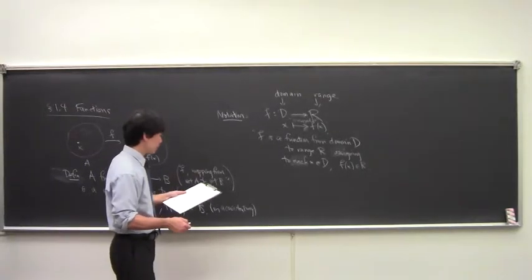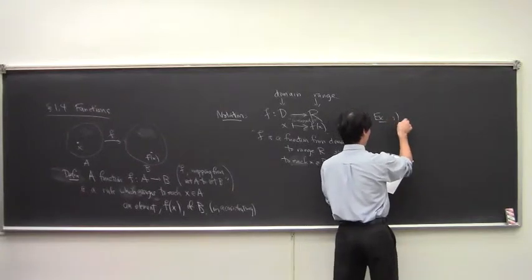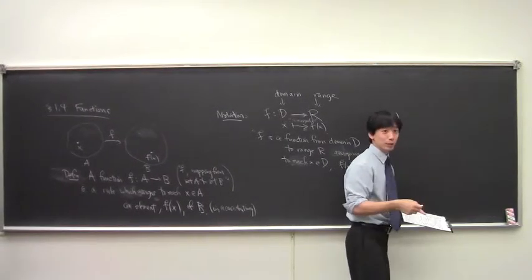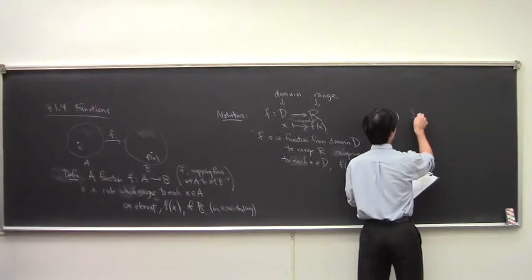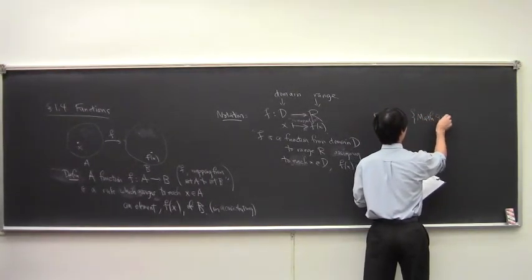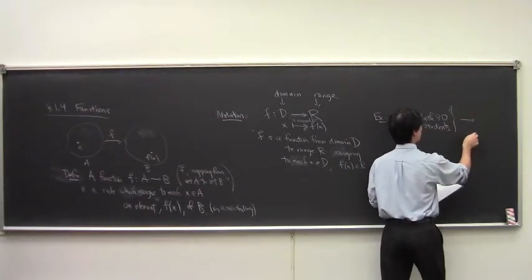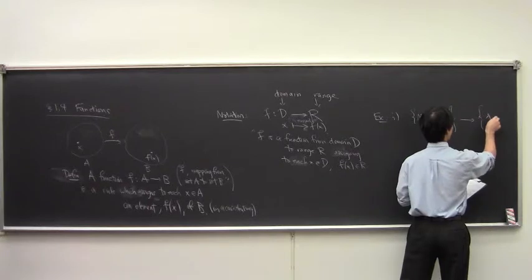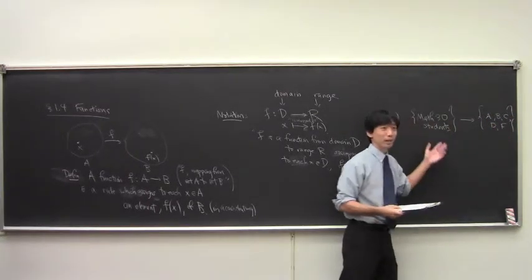Okay, so some examples. One, at the end of the term, I'm going to have a function. The function will be going from the set of Math 30 students to a bunch of letters: A, B, C, D, F. And that will be a function.